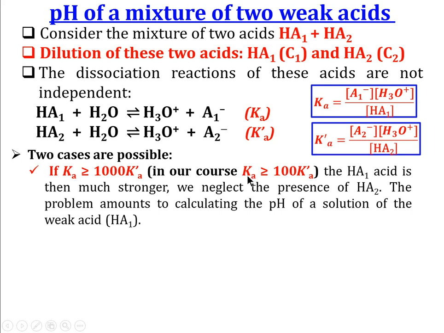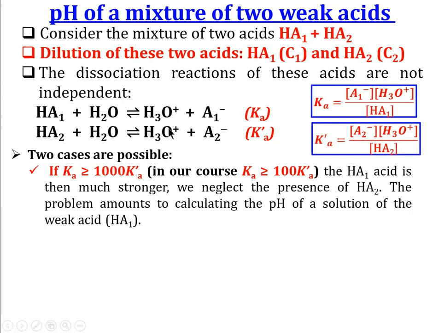So both cases are used, but in our course at the university, we use the order 100. So if Ka is greater than 100 times K'a, that means reaction 1 starts and ends, then reaction 2 starts.